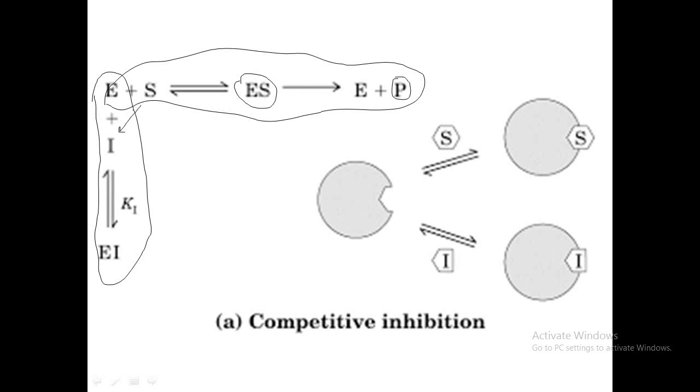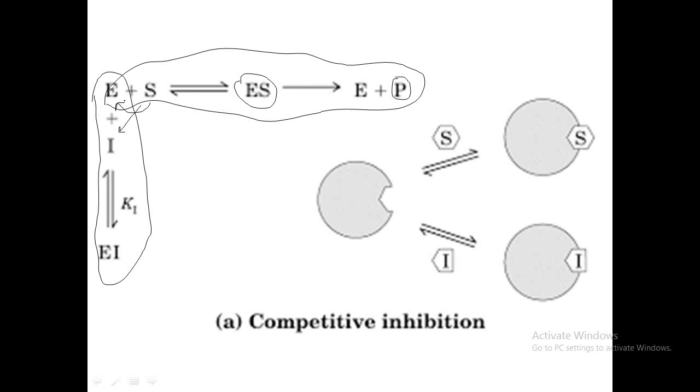In that case, the inhibitor, because it has higher affinity, binds the enzyme active site, outcompetes the substrate and forms the enzyme inhibitor complex. The only way to get rid of this inhibition is to increase the substrate concentration more and more, so there is a greater chance that the substrate will bind to the enzyme and the enzyme substrate complex will form.